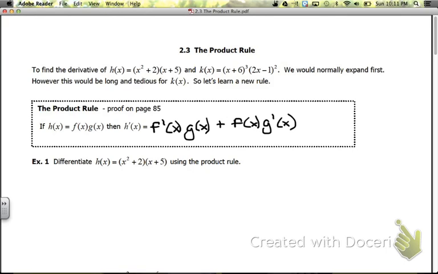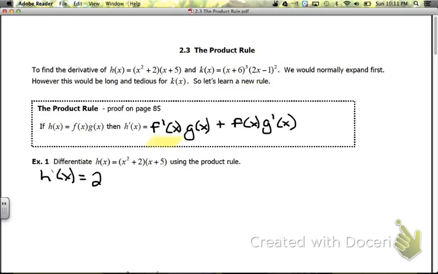So let's just go ahead and start looking at a few examples. We want to differentiate h of x equals (x squared plus 2) times (x plus 5) using our product rule. So we have h prime of x is equal to, remember, we're first going to do the derivative of our f of x, which is x squared plus 2.